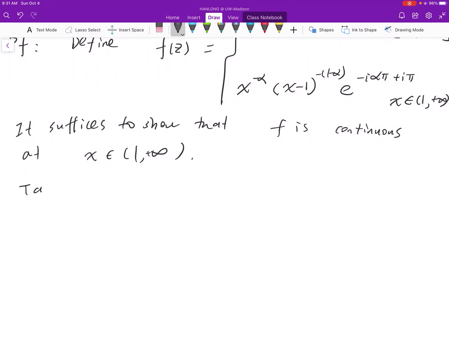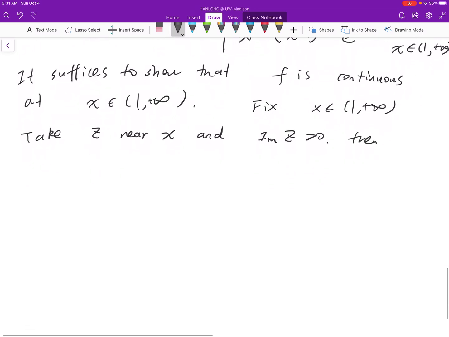Okay, then fix a point x in 1 to positive infinity. Take z near x with imaginary part of z greater than 0. So what does this mean?